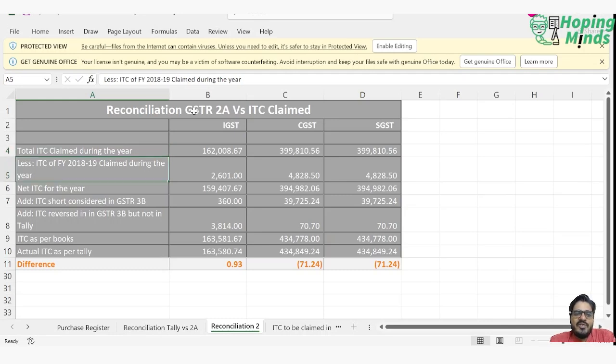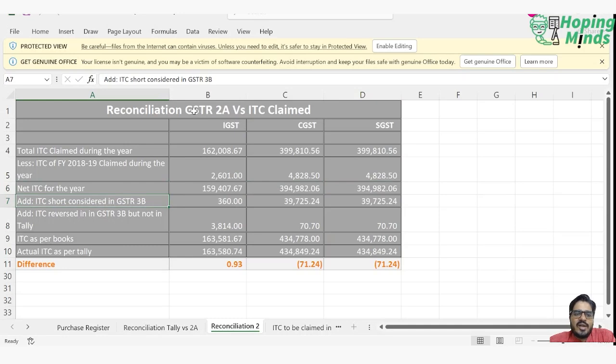Less ITC of previous year, that is financial year 18-19, claimed during the year. These input tax credits that have been claimed during the year pertain to the previous year, so we have deducted this. Then the net ITC for the year was 159,407.67 under IGST, 394,982.06 under CGST and 394,982.06 under SGST.